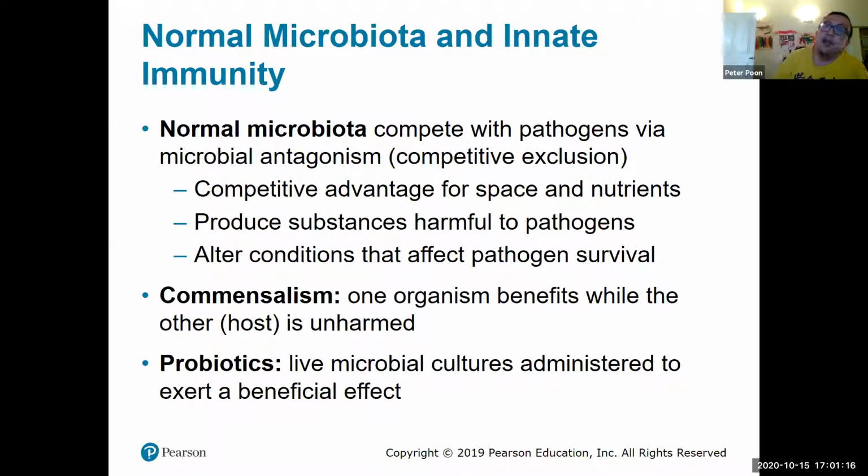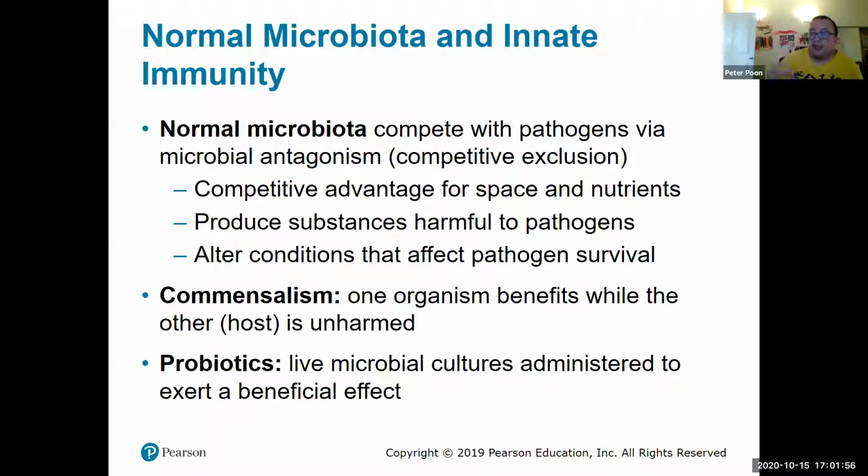Okay. Normal biota also competes with pathogens via microbial antagonism. That is an important thing. Competitive exclusion. So the normal microbiota are located already in spots where other bacteria want to come in, but since they are already there in the first place, they have squatting rights basically.